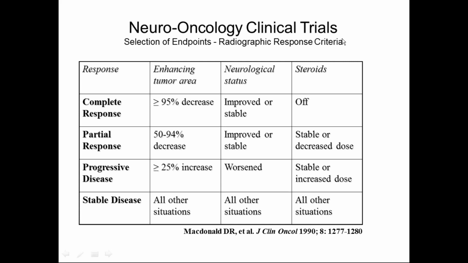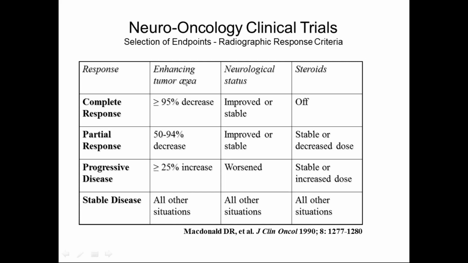So this will exist for many types of endpoints that you look at, particularly related to responses. In this case, we're largely using 3 components to define our response. So these could fall into the category of complete response, partial response, or the disease progressed or it just stayed stable. Now, sometimes stable disease is a victory for us.